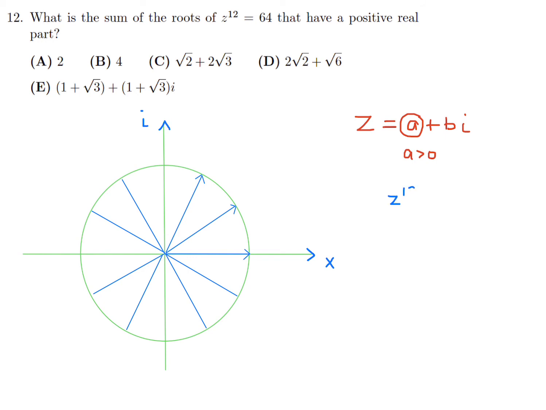Z to the power of 12 is 64. So just looking at the real part, 64 to the 1/12 is z, and that's root 2. So that immediately tells me that this is root 2. Now the rest of them, this one, this one, this one, and this one, those ones have imaginary components.